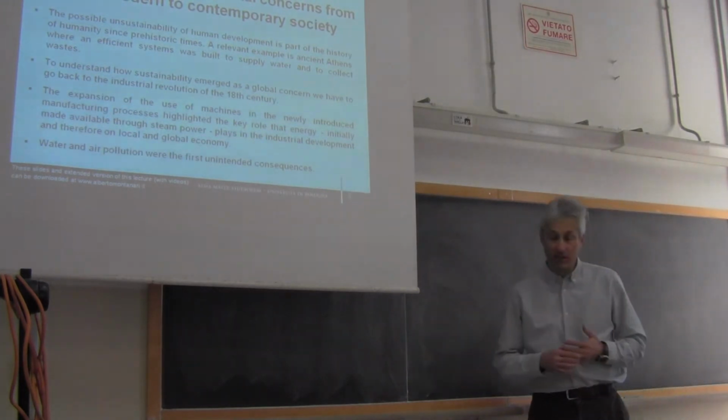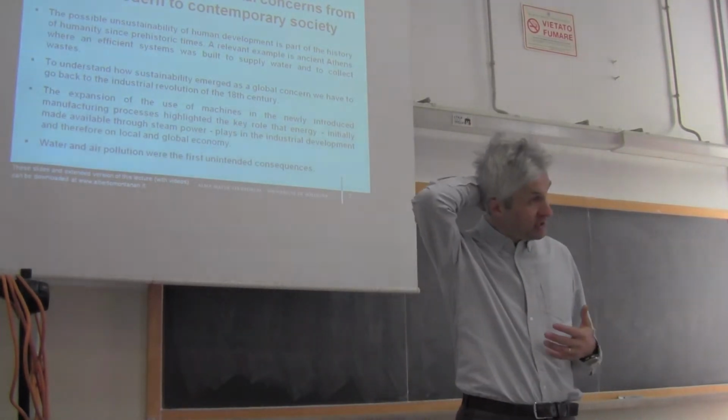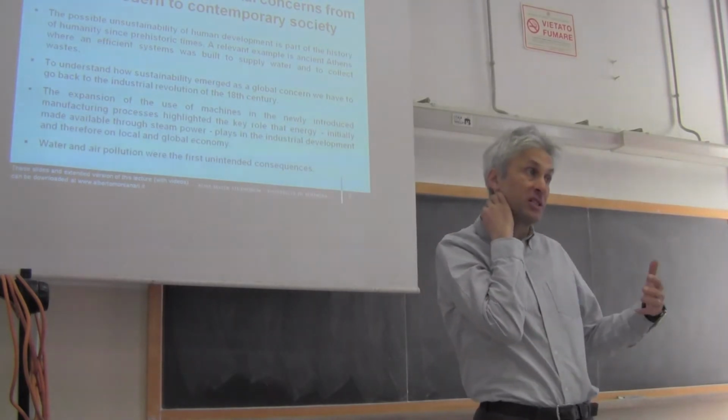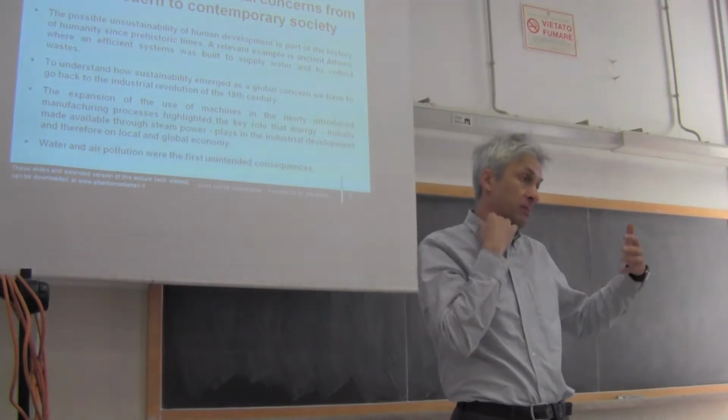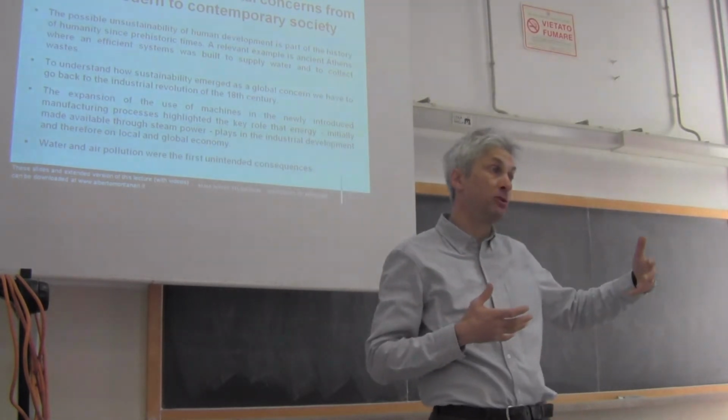When was the time when people started really to see that the development of society was not sustainable? In the past, they didn't experience a sustainability problem because they were able to solve it.